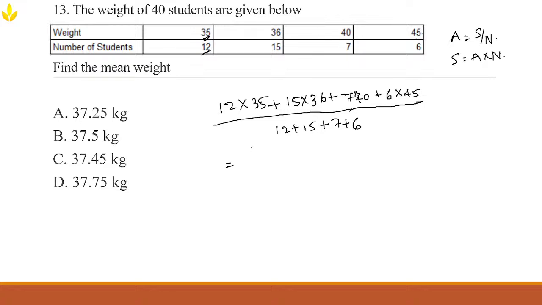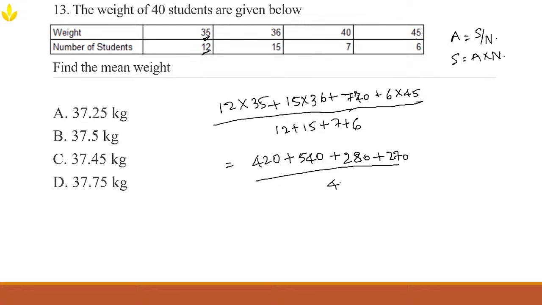So 12 into 35, that value is nothing but 420 plus 15 into 36 is nothing but 540 plus 7 into 40 is 280 plus 6 into 45 is nothing but 270. Whole divided by 12 plus 15 plus 7 plus 6.